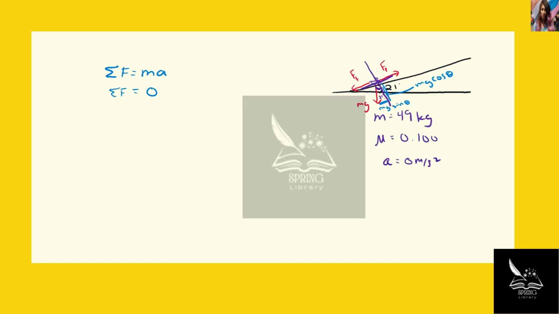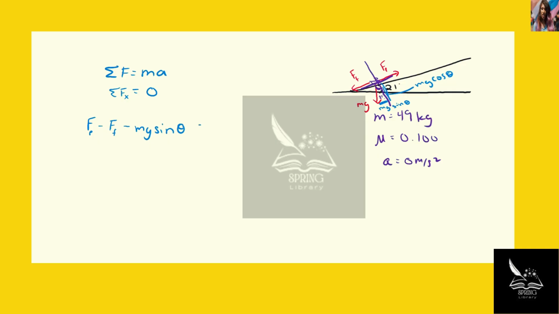So the sum of our forces along our x-axis are going to be the pushing force in the positive direction, and then negative friction force, because that's in the opposite direction, and then the x component of the weight, which is also along the negative x-axis, so it's negative mg sine of the angle.